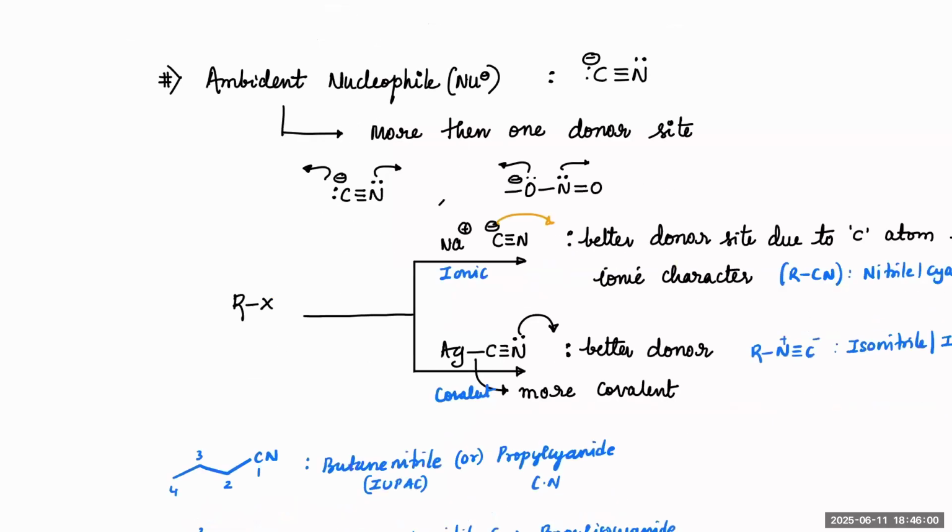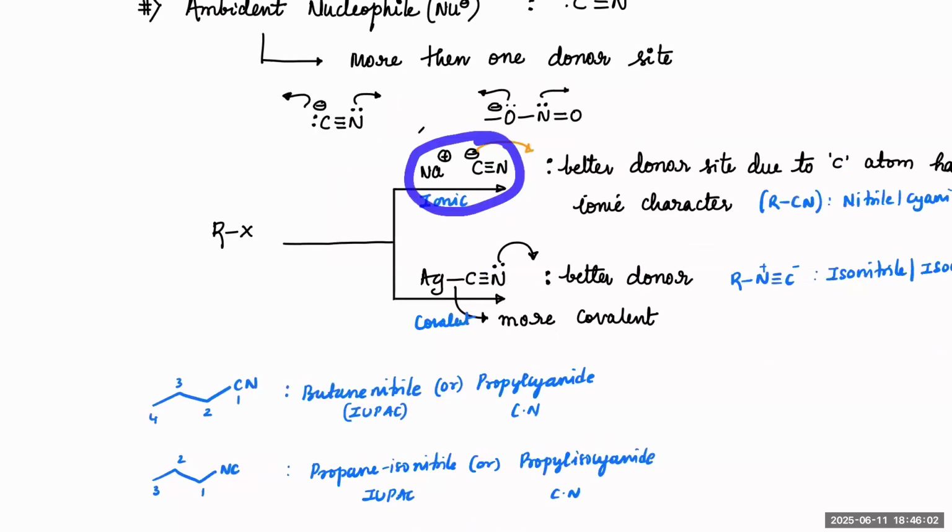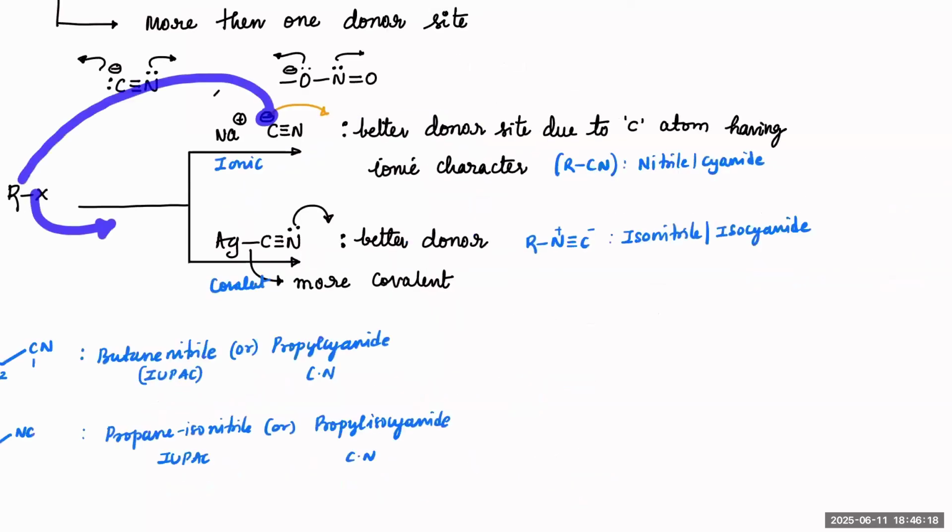When you take KCN or NaCN, they have an ionic bond with CN minus. Metals have an ionic bond with CN minus. Therefore, the C end will be a stronger or better donor. So that will attack, X minus will go, creating a nitrile or a cyanide in this case.